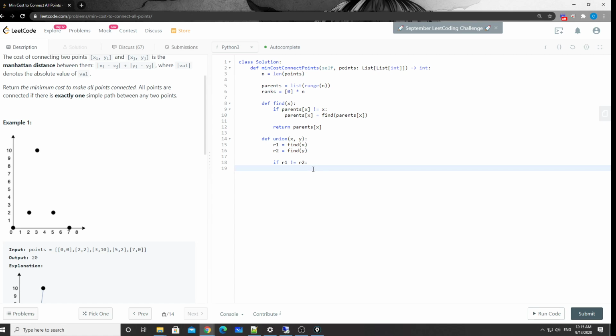Just to make sure that we can balance the trees a little better, which can also improve the time complexity.